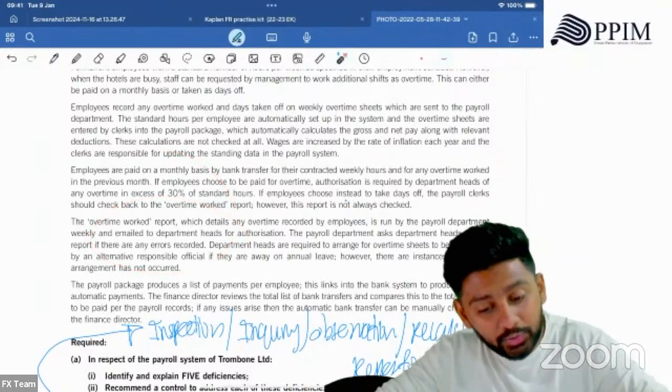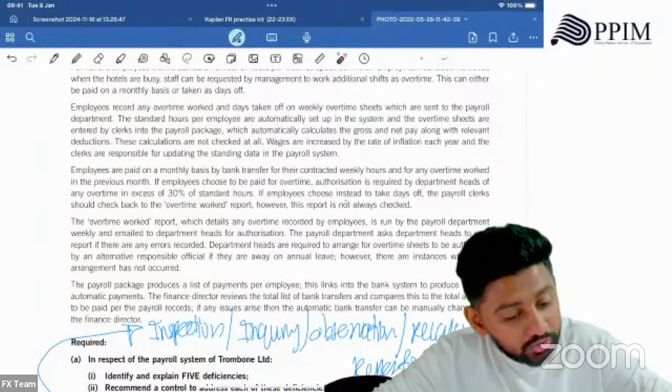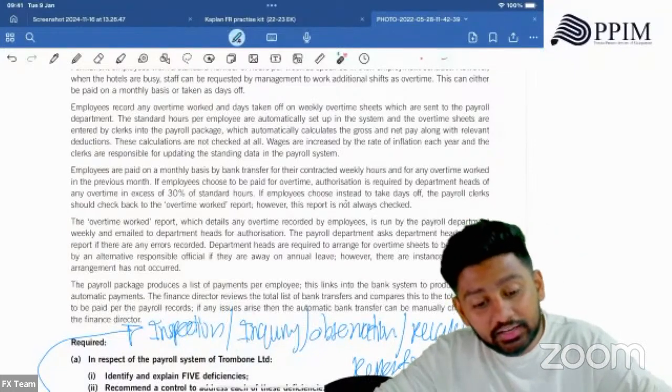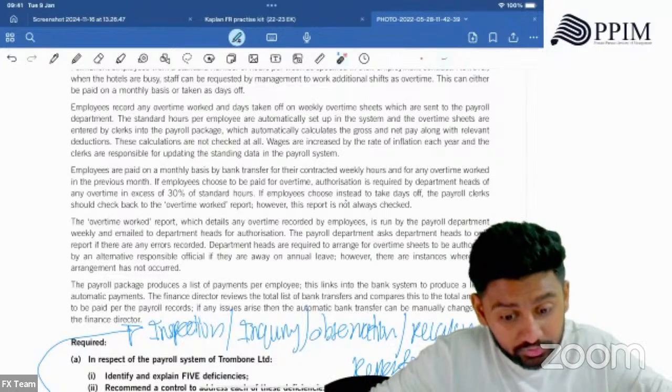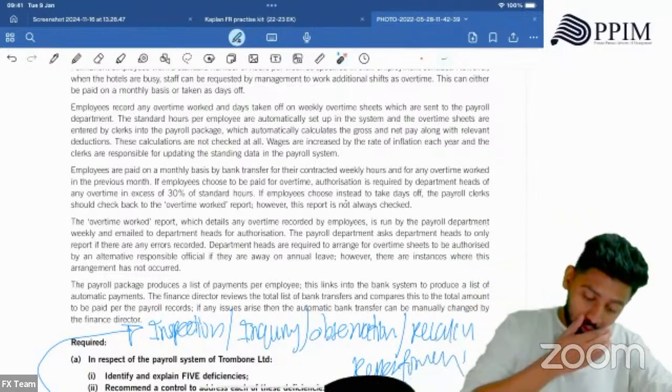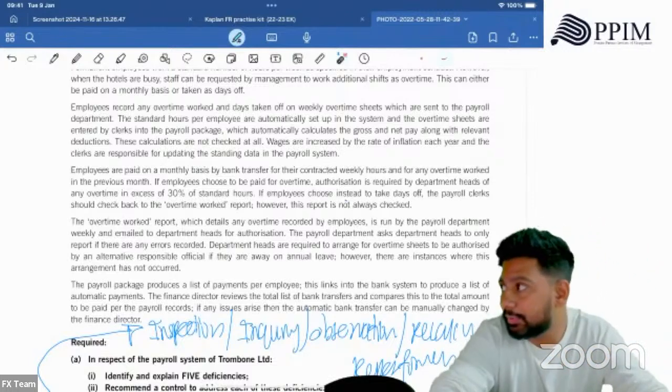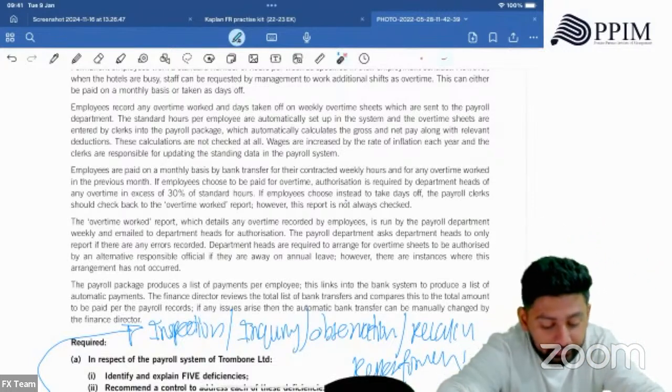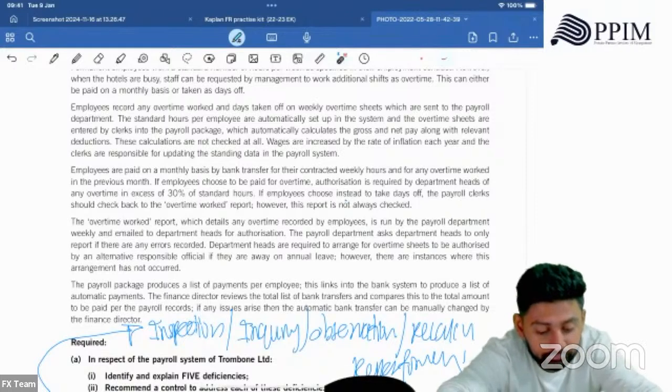Department heads are required to arrange for overtime sheets to be authorized by an alternately responsible official if they are away on annual leave. However, there are instances where this arrangement has not occurred. Okay, we have a problem there. What's the next problem?